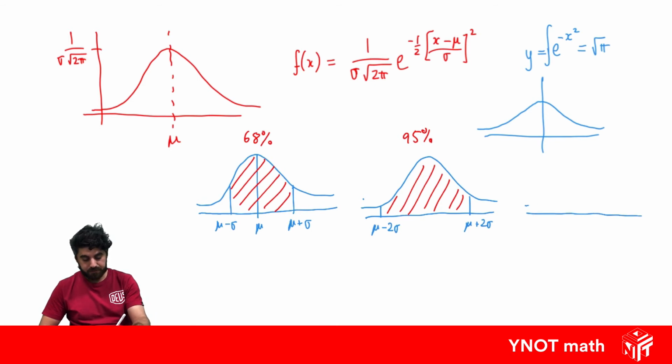And finally, if we're looking at values that are between the mean minus 3 times the standard deviation and the mean plus 3 times the standard deviation, this accounts for 99.7% of the data.